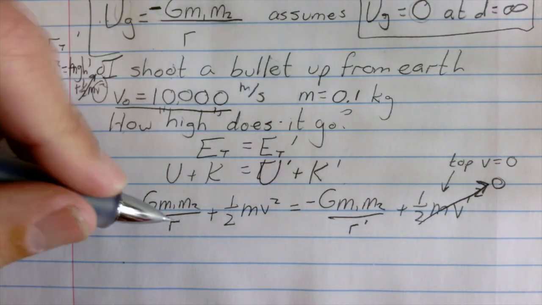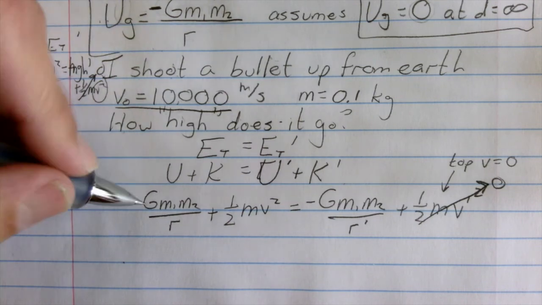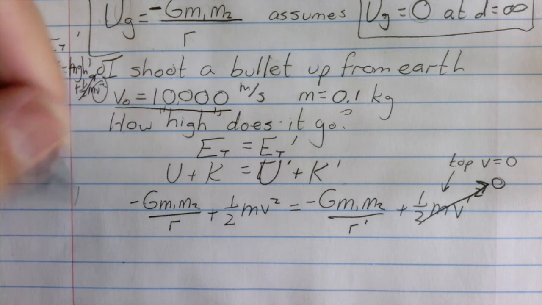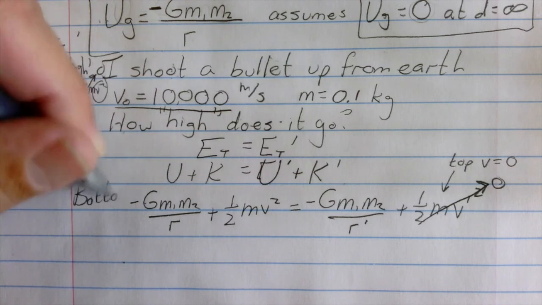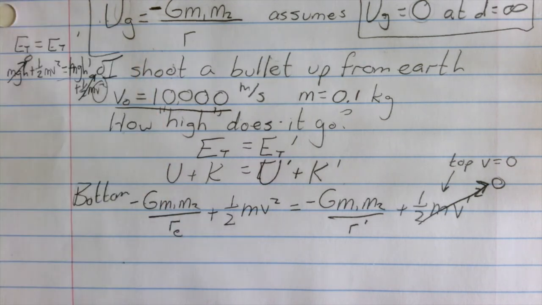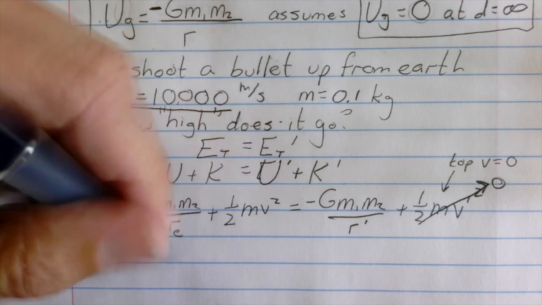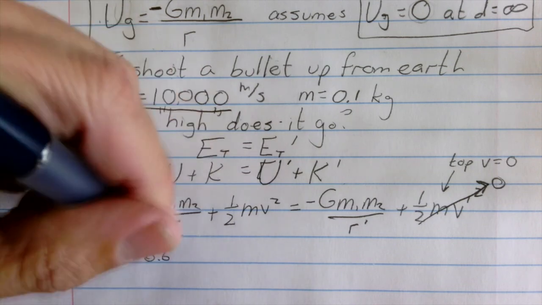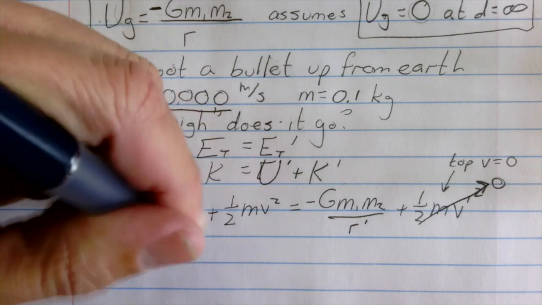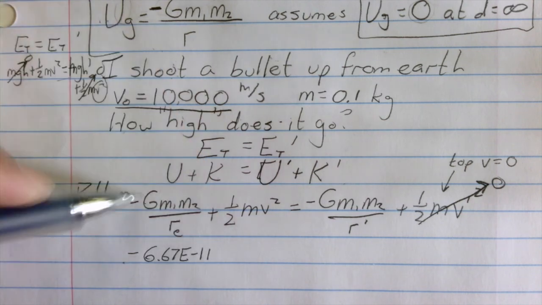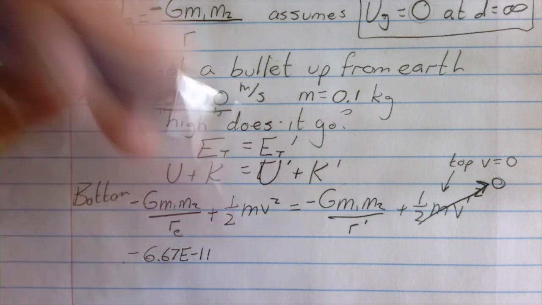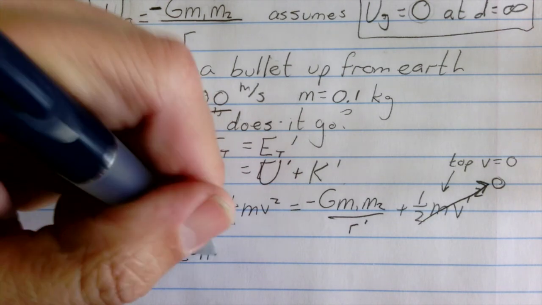At the bottom, this is not 0. We can't do that. At the bottom, this is the radius of the Earth. Okay, so what we would plug in, and I'm not going to solve it, is negative 6.67 times 10 to the negative 11, and the negative is for this whole expression, times the mass of the Earth.